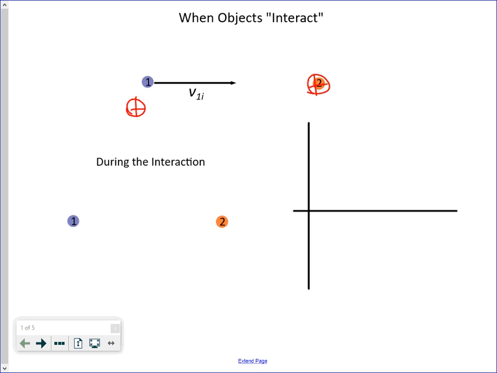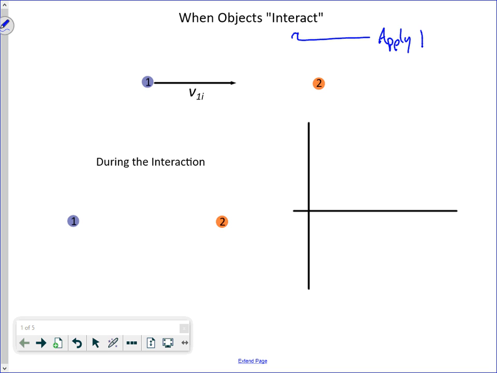And so what do we really mean by interact? What we mean is, and that's code word for, apply forces to each other. That's what we mean. That's what force is. Force is an interaction between two objects.